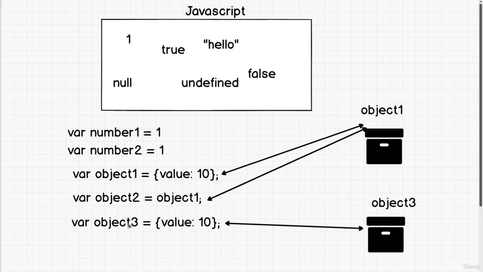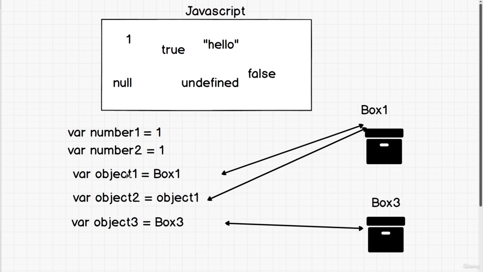When object3 gets created, it's a new object because we have the new brackets, and it's saying put value 10 in this box. Essentially what we're doing is saying, when we create variable object1, we're storing just a reference, an address to where we're storing the value 10, which is box 1.